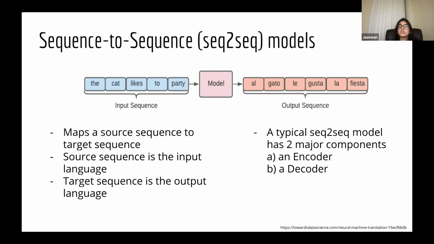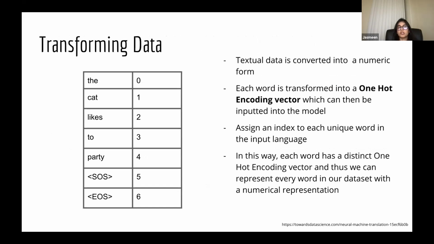But before diving into these two components, let's talk about a way to transform these sentences into a data format that the machine can understand. In essence, we must somehow convert our textual data into a numeric form. To do this in machine learning, each word is transformed into a one-hot encoding vector, which can be inputted into the model. In the table here, we have assigned a unique index 0 to 6 to every word.